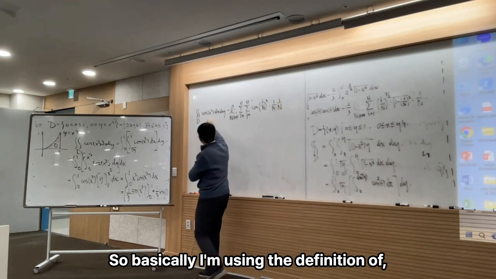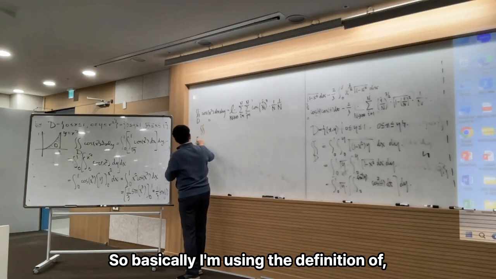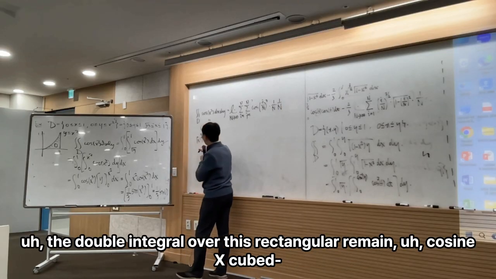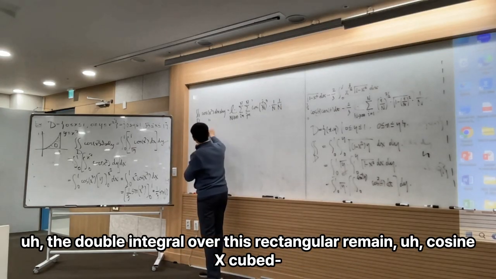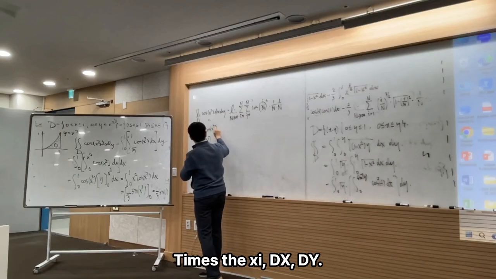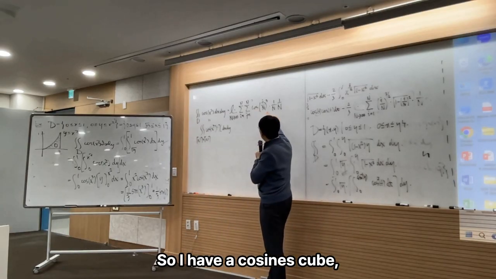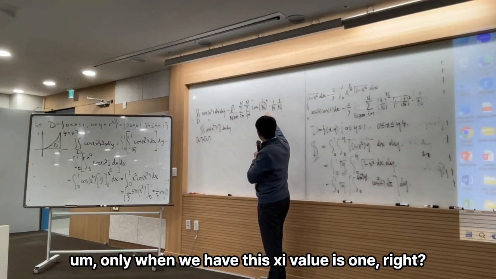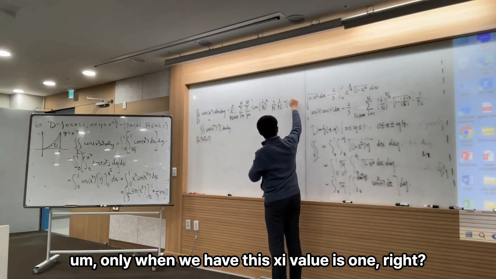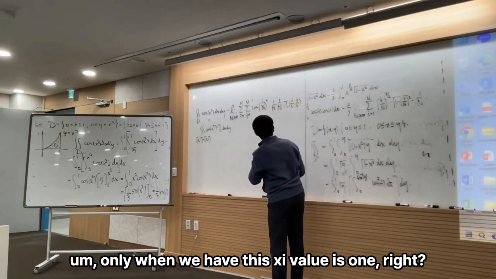So I'm using the definition of the double integral over this rectangular domain, cosine x cubed times psi. I have a cosine cubed only when this psi value is 1, right?